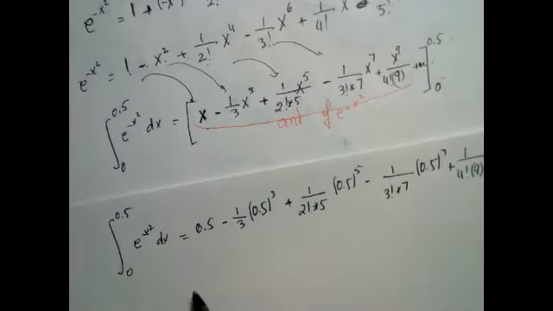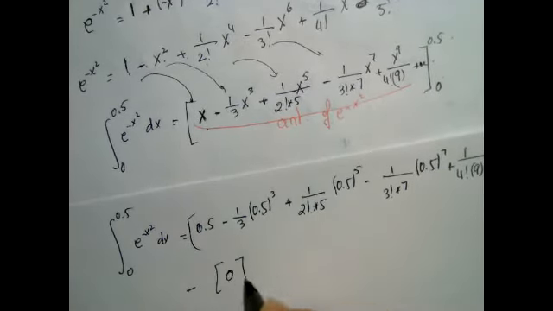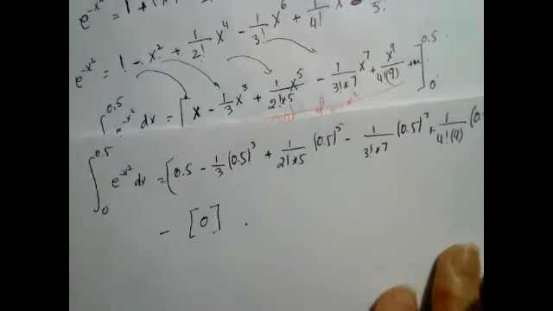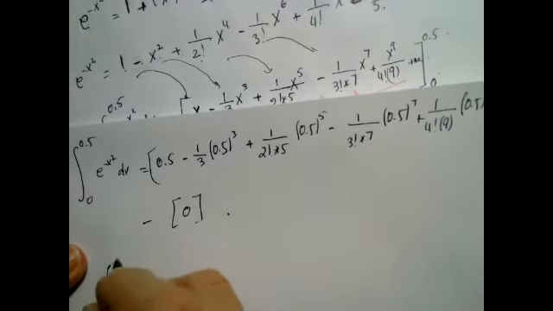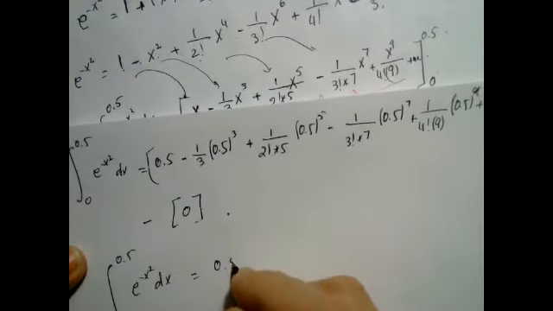Plus, etc. Minus the value at 0, which is 0. So finally, my last step here, the integral from 0 to 0.5 of e to the minus x squared dx is given by this series.